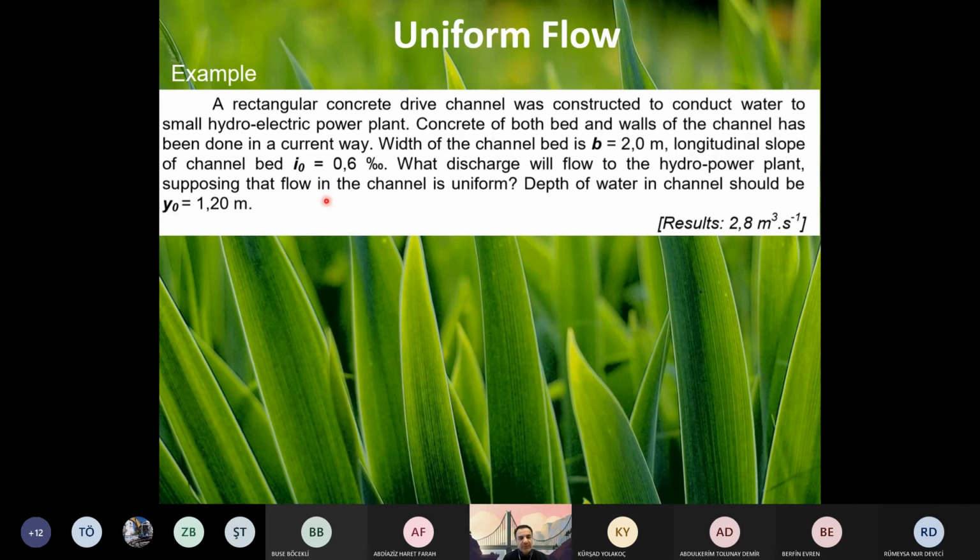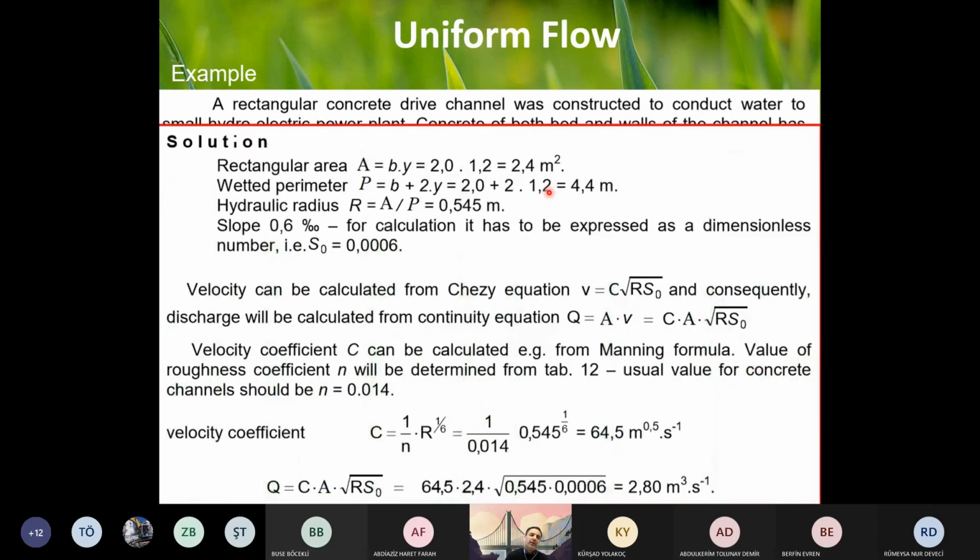So in this question, we have normal depth, we have slope, we have bed width. We know the cross section is rectangular, so bed width and Y0 give you the cross-sectional area. It gives you the hydraulic radius at the same time. The slope is at hand, and you are looking for what? Discharge. Okay, how do we solve it? Let's see how we solve it.